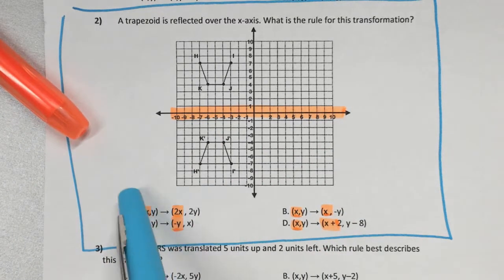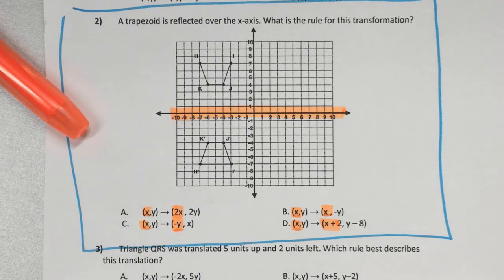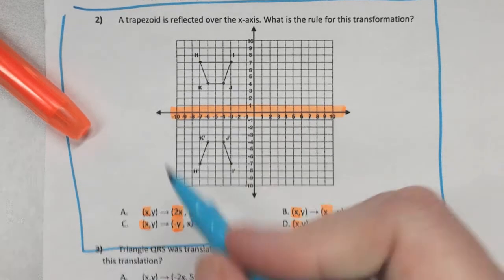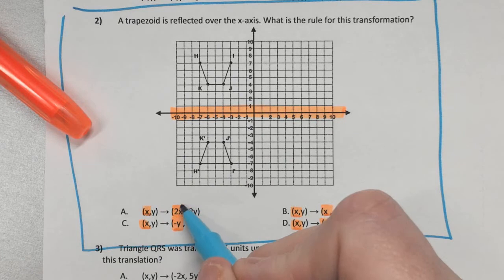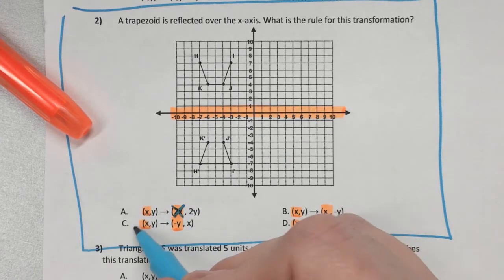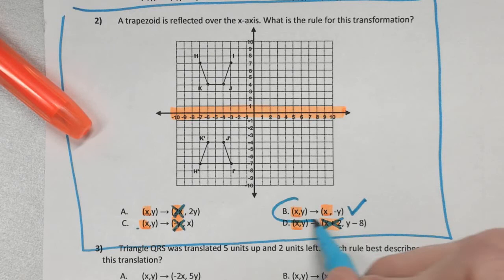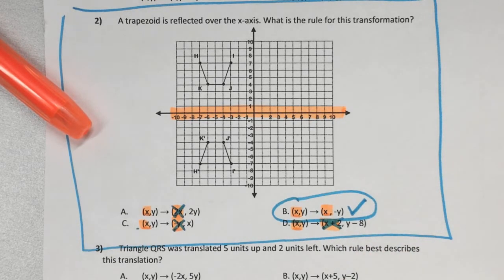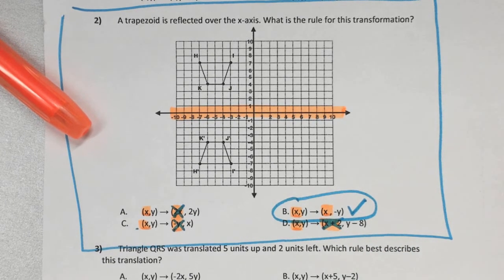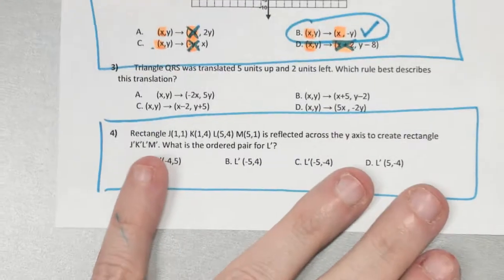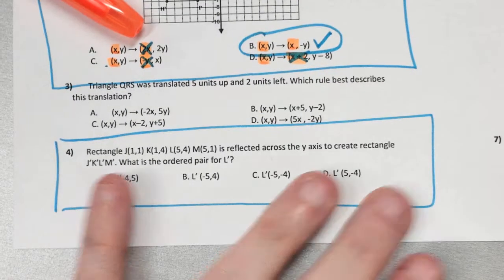Whatever I highlighted should be the exact same as what I had before, right? Well, is 2x the same thing as x? No. Is negative y the same as x? No. Is x the same as x? Yeah. Is x plus 2 the same as x? No. Okay? So again, I'm looking for what stays the same.